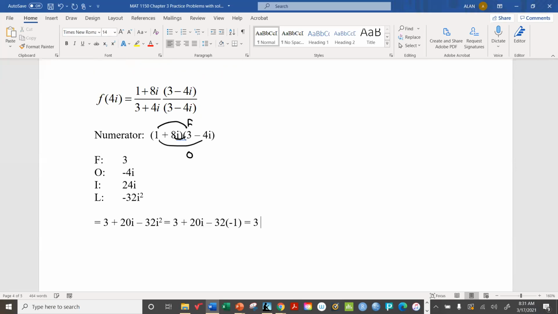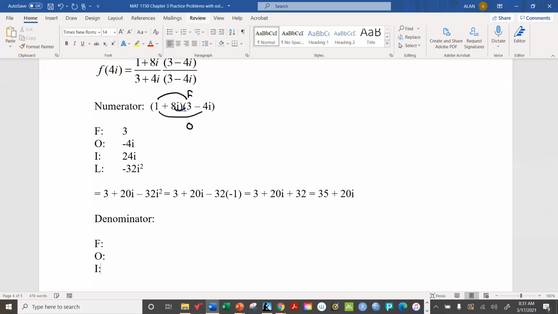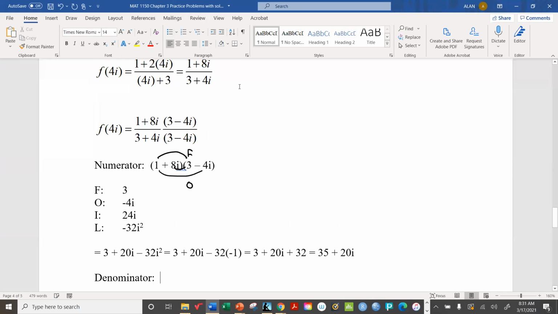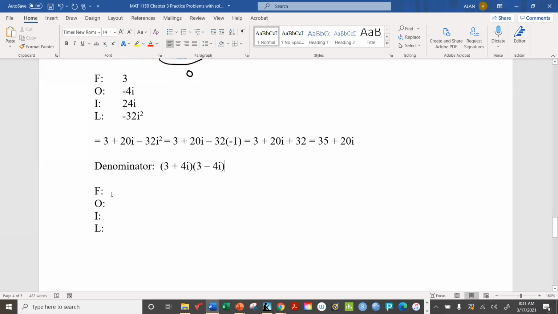So we've got 3 plus 20i plus 32 because these two negatives cancel each other out. So we've got 35 plus 20i in the numerator. And then in the denominator, now here, it should get simpler. And the reason why it's getting simpler is because O and I will cancel each other out. That's really the bottom line.